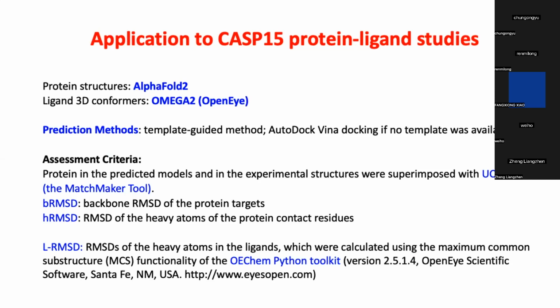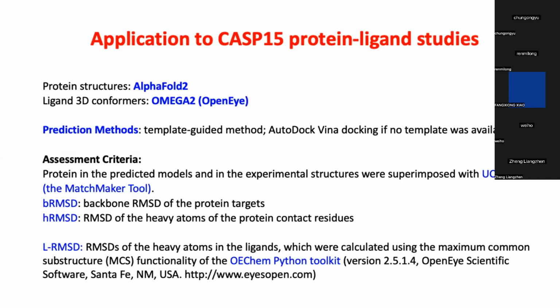And so to prepare for this talk, we have the following assessment. We basically superimpose our predicted structures with the experimental structures using UCSF Chimera and the MatchMaker function. And we calculate the backbone RMSD of the protein targets.